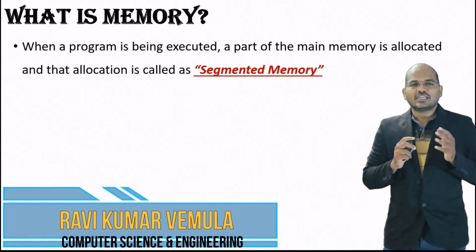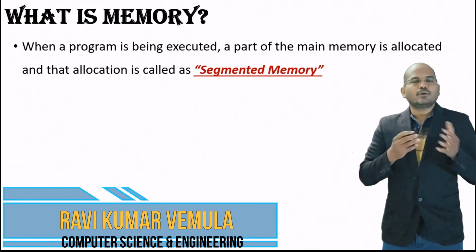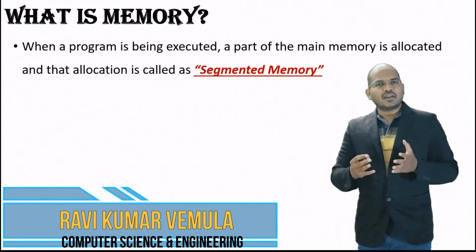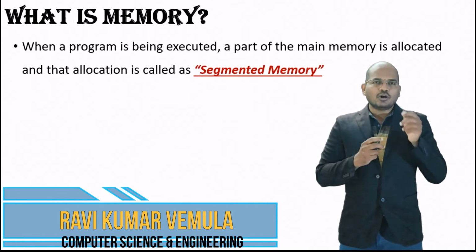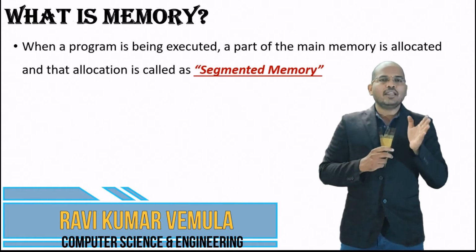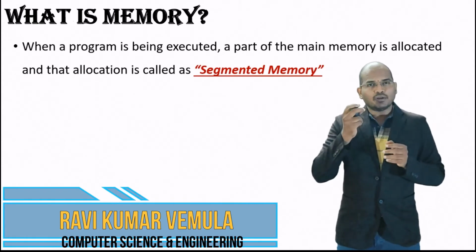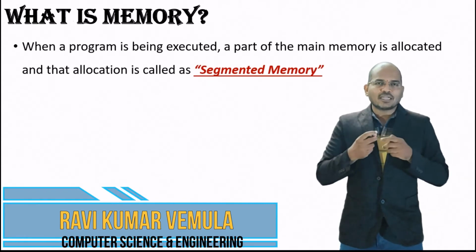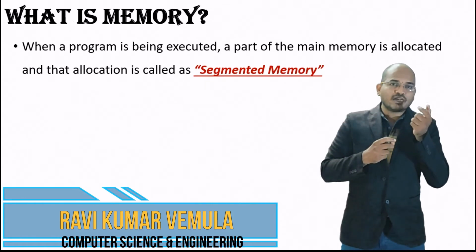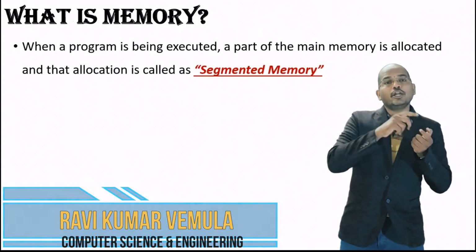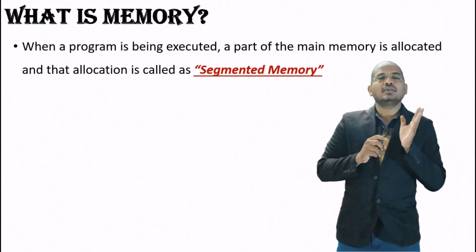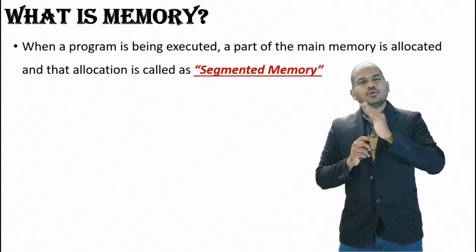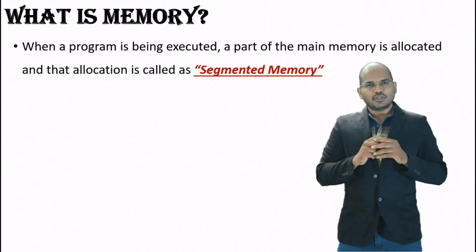For example, when you want to play a game like PUBG or Asphalt 8 or 9, or you want to play a video, and you click on a mobile app, that app takes some time to open, is it not? What is happening in that time? The data of that app is being loaded into main memory, into your RAM. That part of memory where the app is being loaded can be called segmented memory.